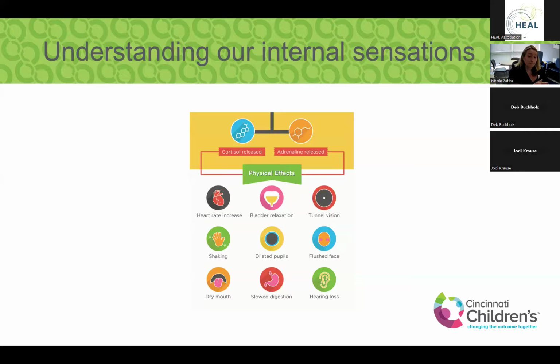So maybe they are having a non-epileptic seizure, and that's kind of like the crash. Or maybe they're having leg paralysis, and that's kind of like the crash. And so essentially what happens is that the brain hits this threshold of sympathetic nervous system activity, different for every kid, different based upon all of those biopsychosocial factors.